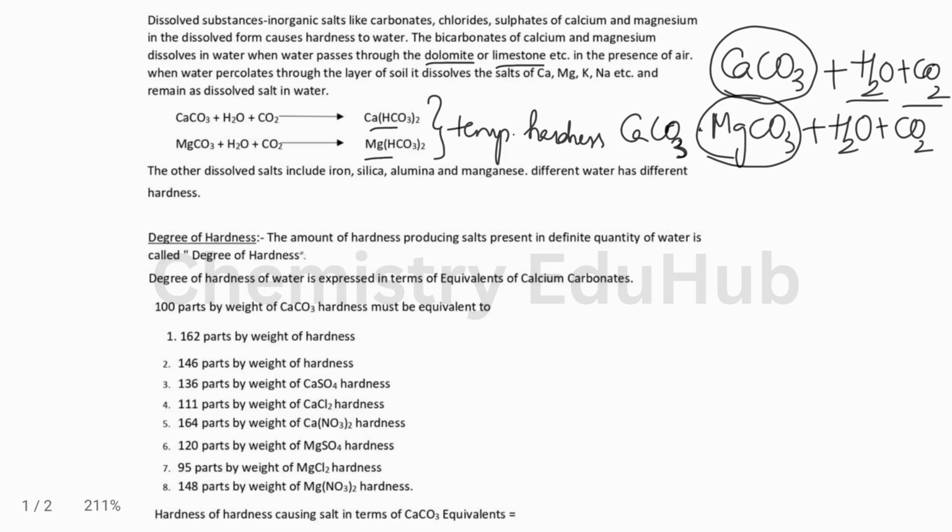So whenever the water passes through the layers of soil inside the ground, it dissolves the salts of calcium, magnesium, potassium and sodium, and they remain as dissolved salts in the water. That causes the hardness of water. According to the area or the minerals present in the ground, the dissolved salts may vary, like silica, sand, alumina, manganese, iron.